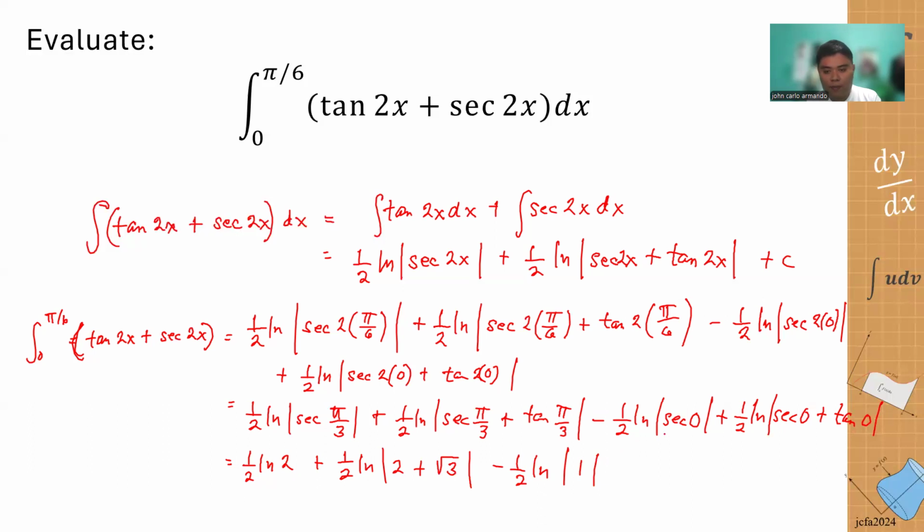Then for this one, we have plus 1/2 ln of the absolute value of secant 0, which is 1, plus tangent 0, which is 0.